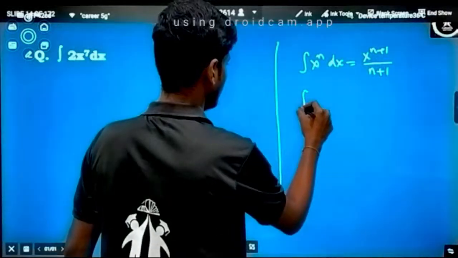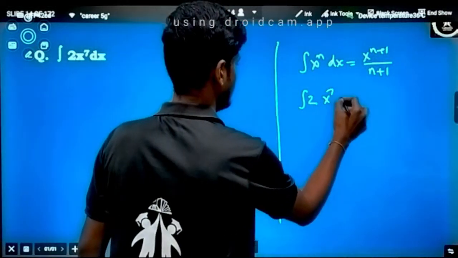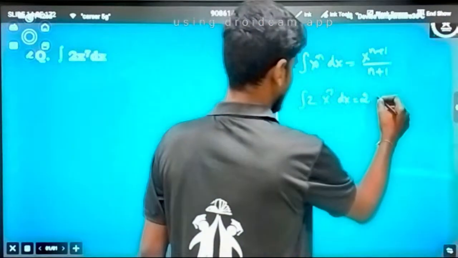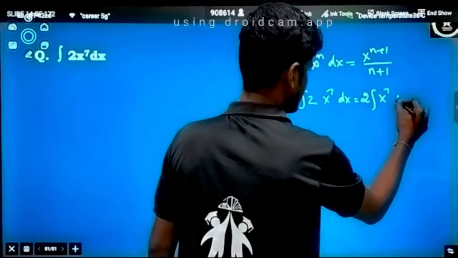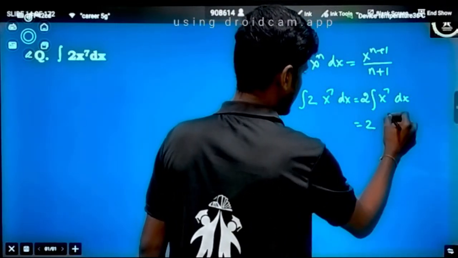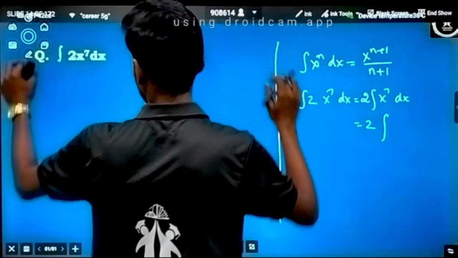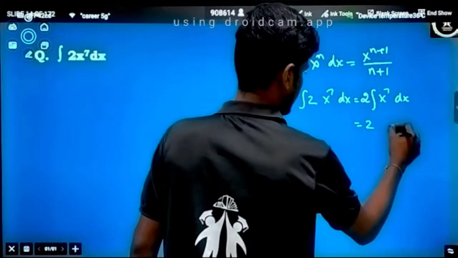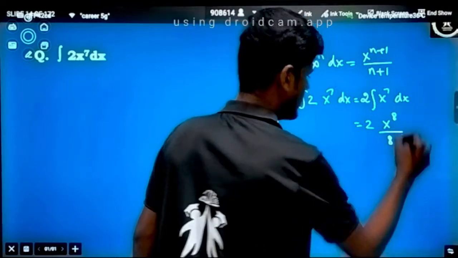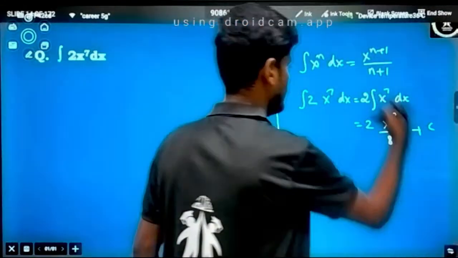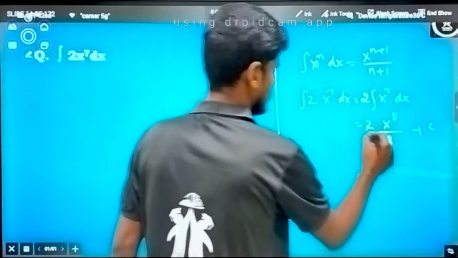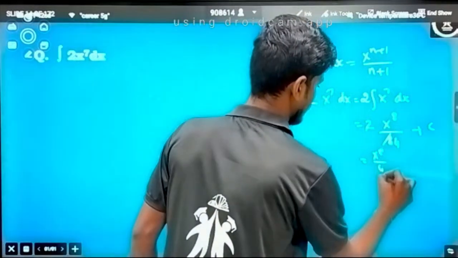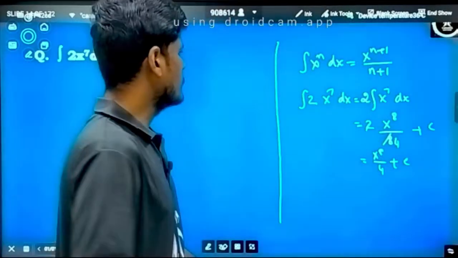Integral of 2 times x power 7 dx is equal to, first we can take 2 outside, and x power 7 integral dx, and this value comes out to be 2 times x power 7 plus 1 divided by 7 plus 1 plus constant. Always after integration add the constant. So here 2 and 8 will get cancelled. We will get x power 8 by 4 plus constant. This will be the answer.